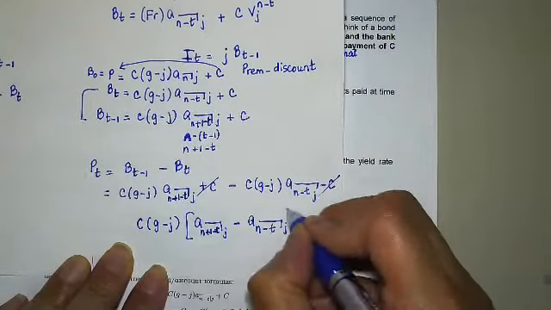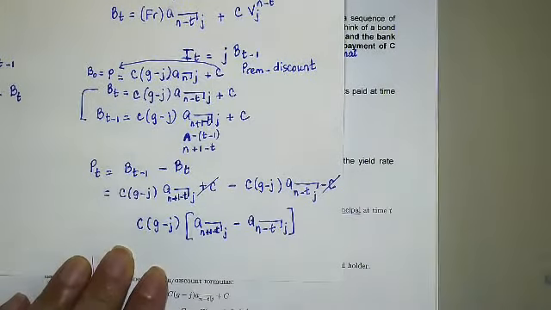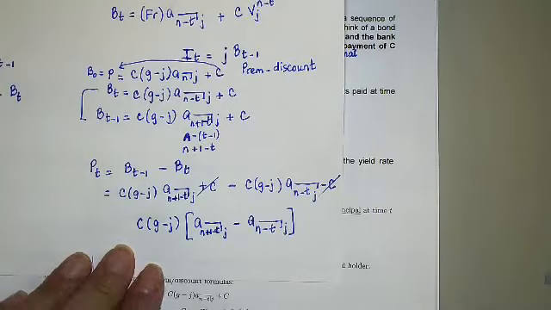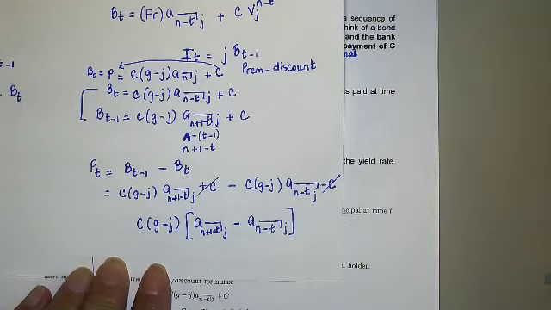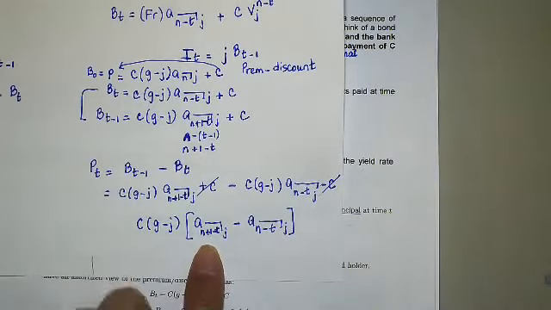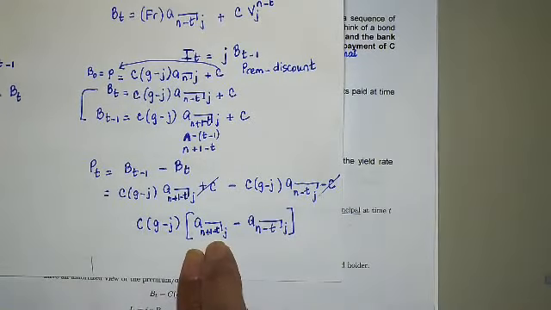And I get C G minus J times A angle N plus 1 minus TJ minus A angle N minus TJ. So if you could tell me what the bracket represents, that would be great.